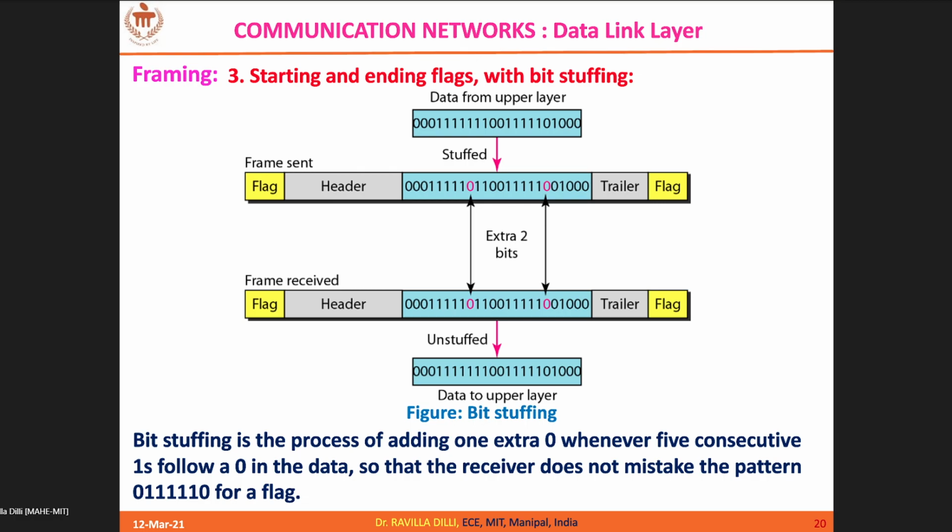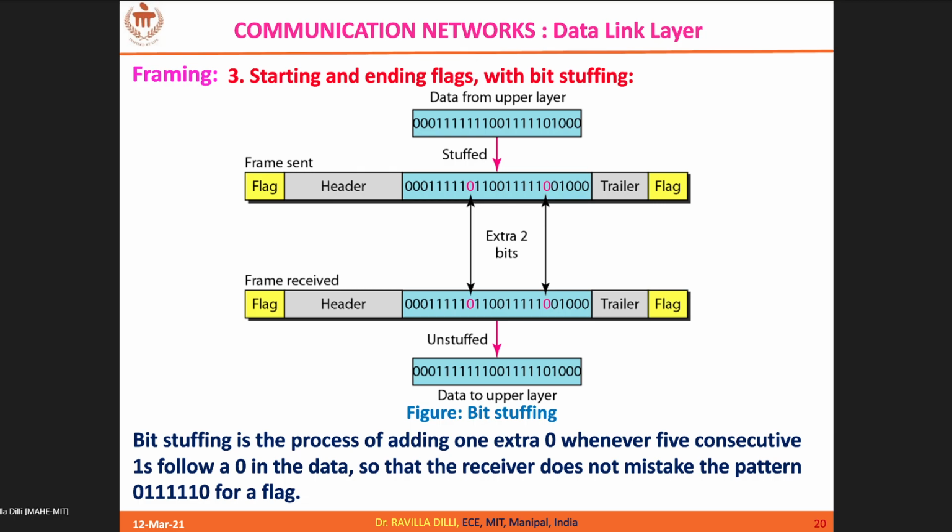Excuse me, sir. If the data is 0, five ones and 0, but this is not the flag bit, right? Then why are we stuffing a 0 after the fifth one? See, it's quite simple. Whenever you encounter continuous five ones, you insert the 0.